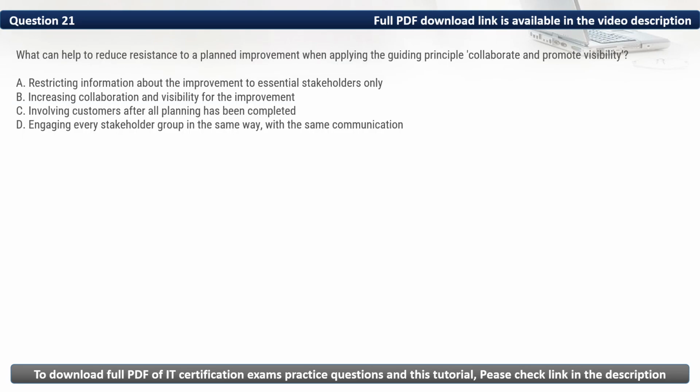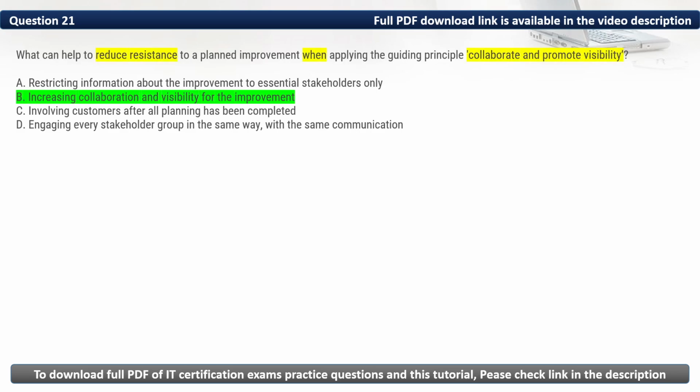Question 21. What can help to reduce resistance to a planned improvement when applying the guiding principle, collaborate and promote visibility? Increasing collaboration and visibility for the improvement can help reduce resistance to a planned improvement when applying the given principle.